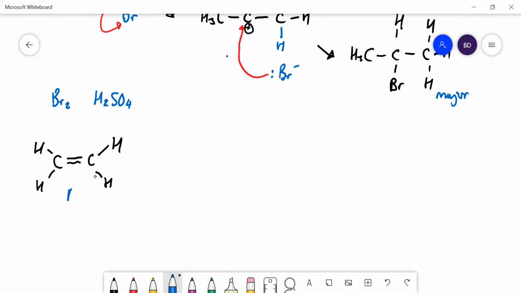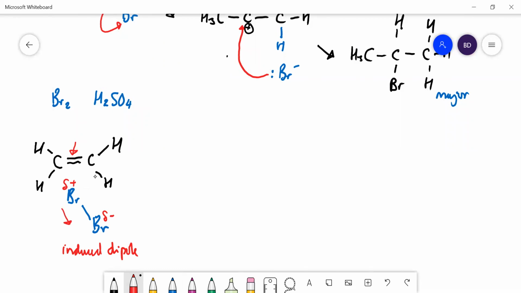So why does it react? Well, the reason is that you get an induced dipole. This bromine will become delta positive, and that's going to become delta negative, because you've got all the negative charge in the double bond, which is going to repel the negative charge down this end of the molecule.